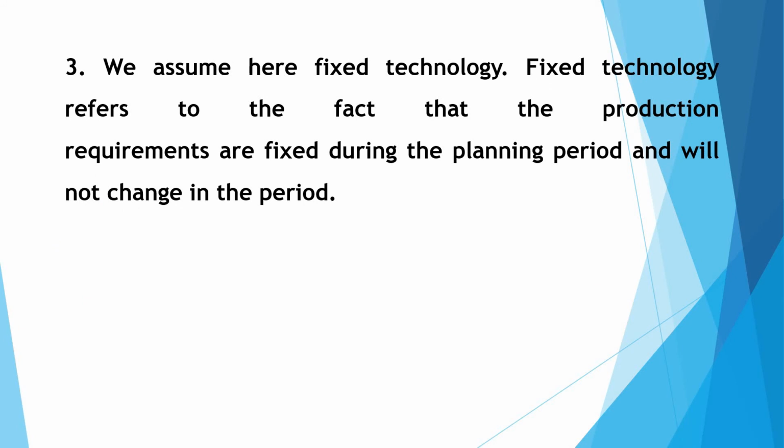Here we assume fixed technology. Fixed technology means that the production requirements are fixed during the planning period and will not change in the period. Like in the example, we had 50 hours for machine M1, 25 hours for machine M2 and 15 hours for machine M3, and I had considered these fixed utilization hours for machines M1, M2 and M3 for 1 week.